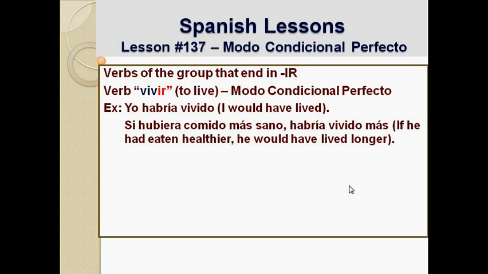So here we have a more complex example. Si hubiera comido más sano, habría vivido más. If he had eaten healthier, he would have lived longer.